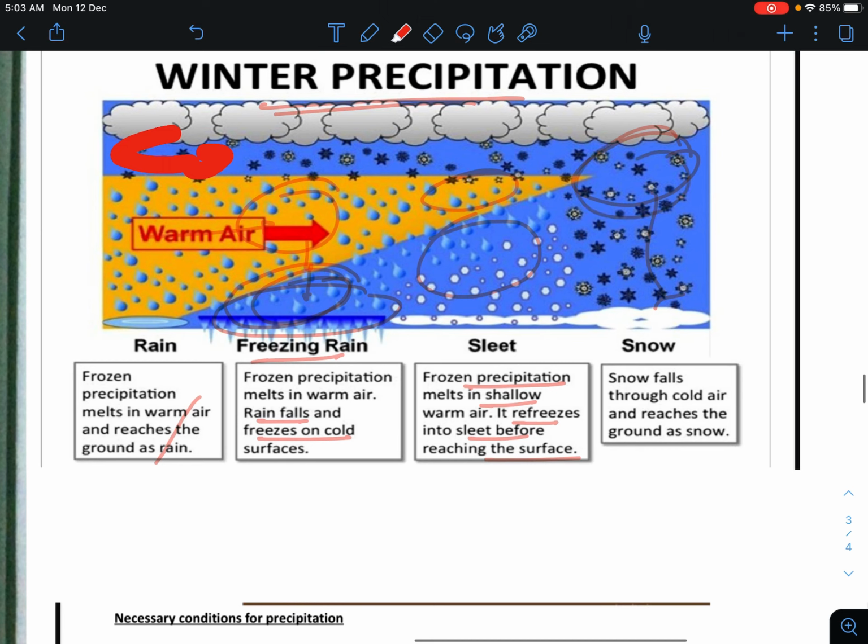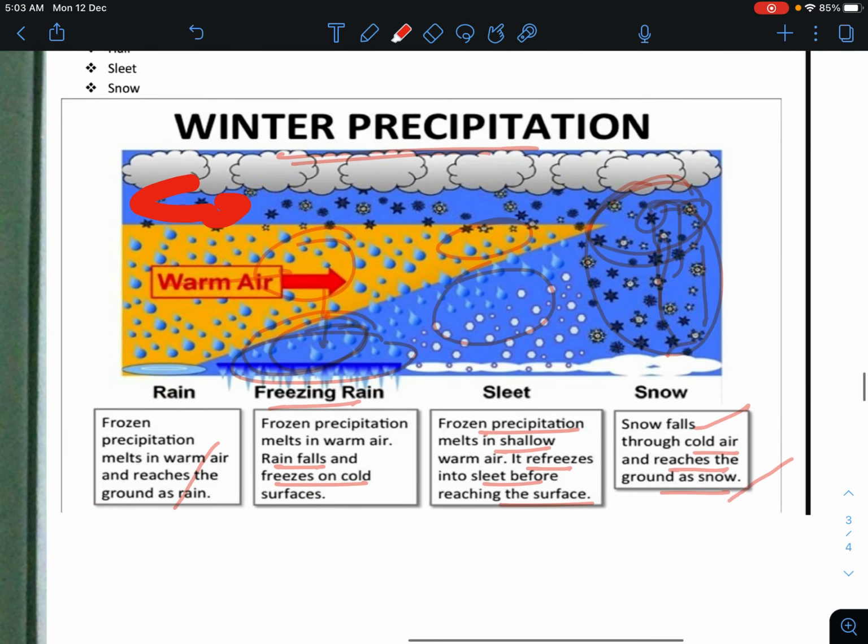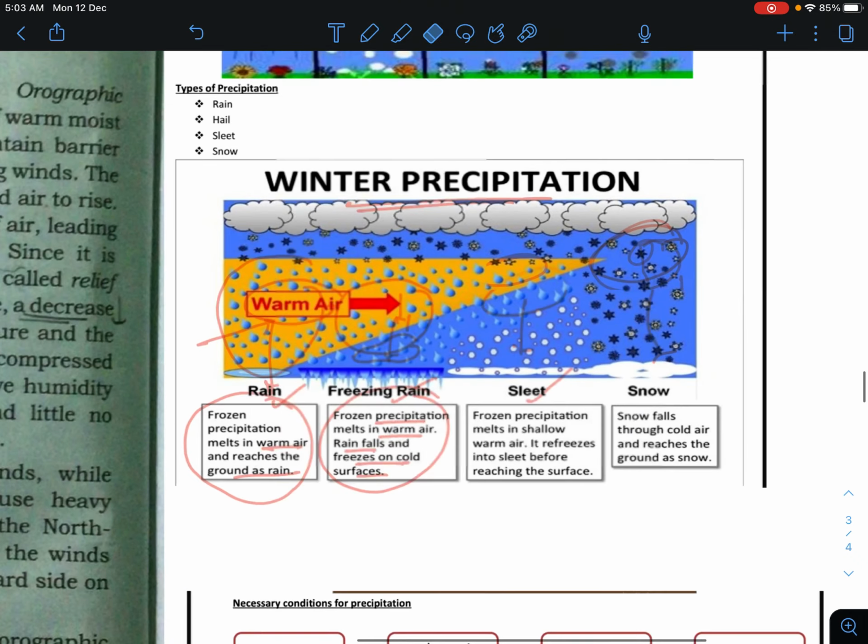And the last one is snow: it falls through cold air and reaches the ground as snow, meaning the snow falls in this cooled area and falls on the ground as snow. Okay, this is a very interesting diagram, showing how we get rain, freezing rain, sleet and snow.